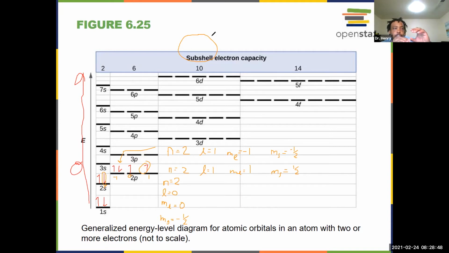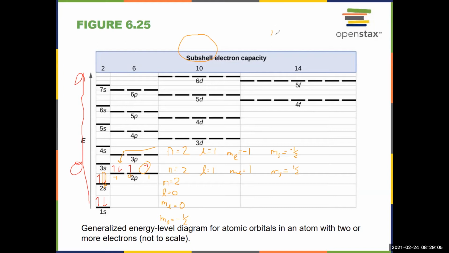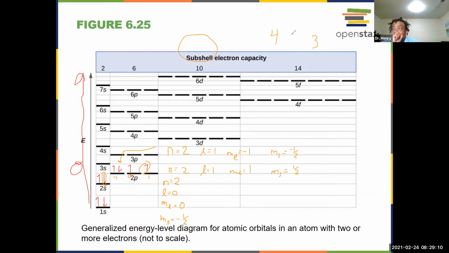Energy-wise, though, the 4s is lower and the 3d is higher. But if we look at level, 4 is greater than 3, right? So since 4 is greater than 3, you always want to take from the one that is the highest level, which is 4.